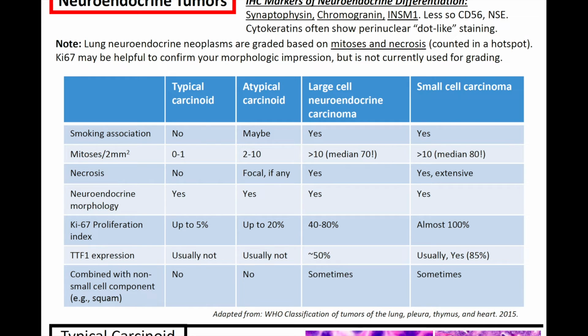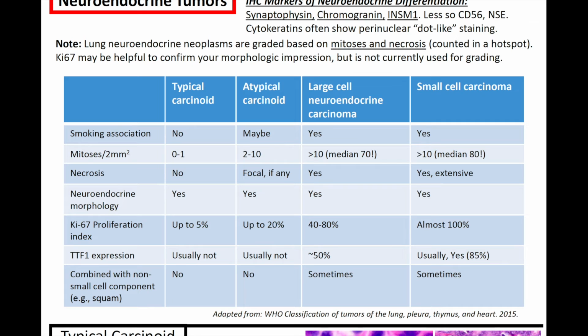And cytokeratins often show perinuclear dot-like staining. So of note, lung neuroendocrine neoplasms are graded based on mitoses and necrosis, counted in a hotspot of a malignancy. And the Ki67 may be helpful to confirm your morphologic impression, but it is not currently used for grading.